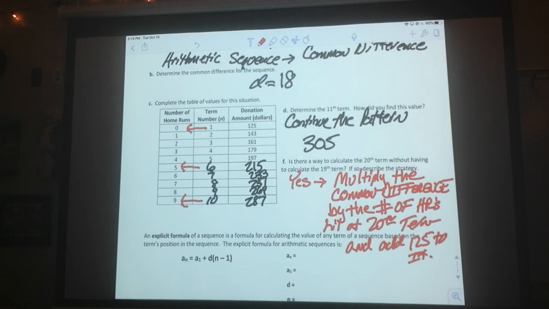So I can take 18 and multiply by the number of home runs. Well, how many home runs at the 20th term? 19. And then I could simply add 125 to that, and I could do that math. Well, that comes out to be 467. So I do believe 467 is the amount of money that would be donated at the 20th term or the 19th home run.